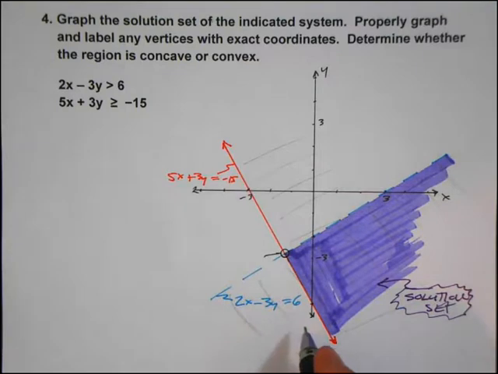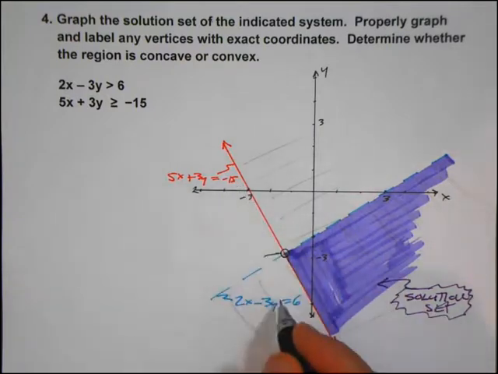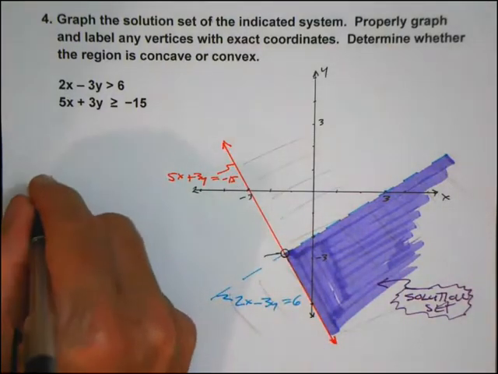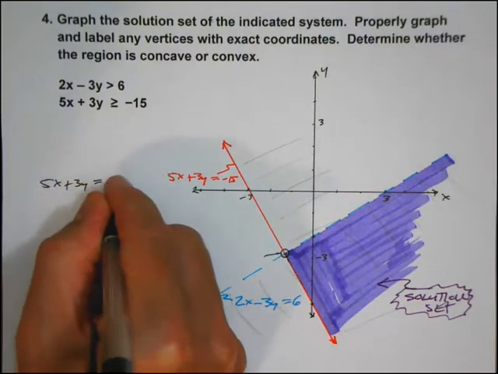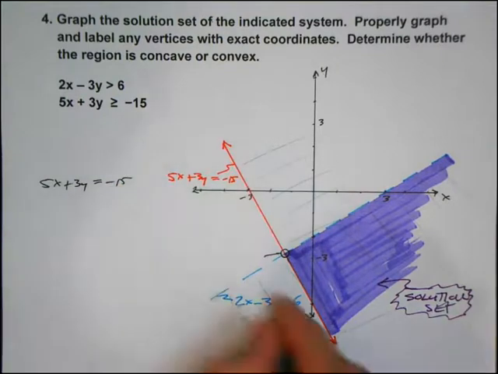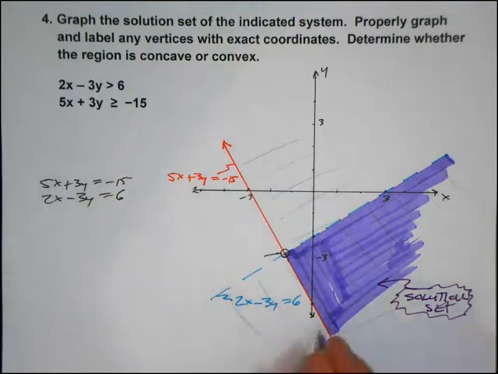At this point, it seems we need to solve the system of equations, this boundary line in red and this boundary line in blue. So we need to take a look at 5x plus 3y equals negative 15, and here's 2x minus 3y equaling 6.